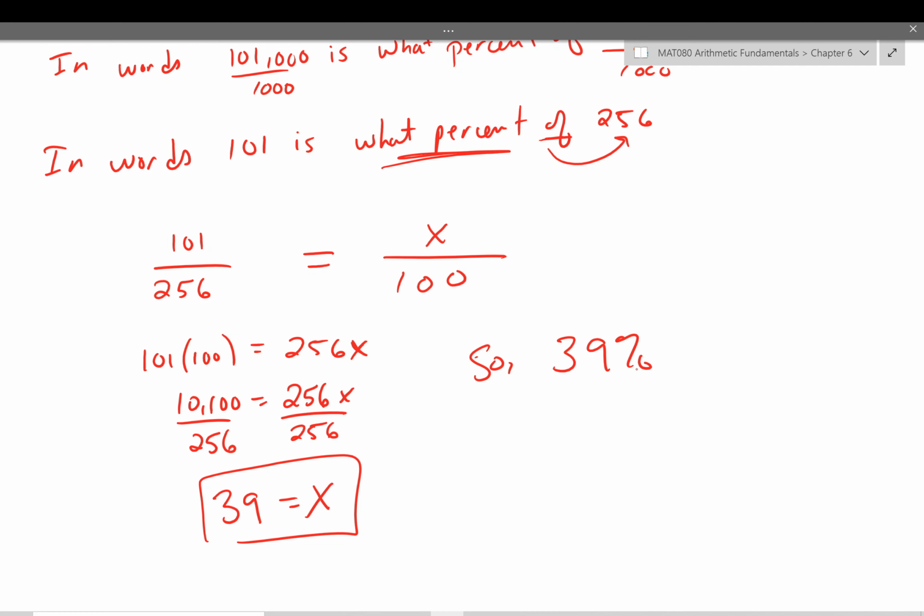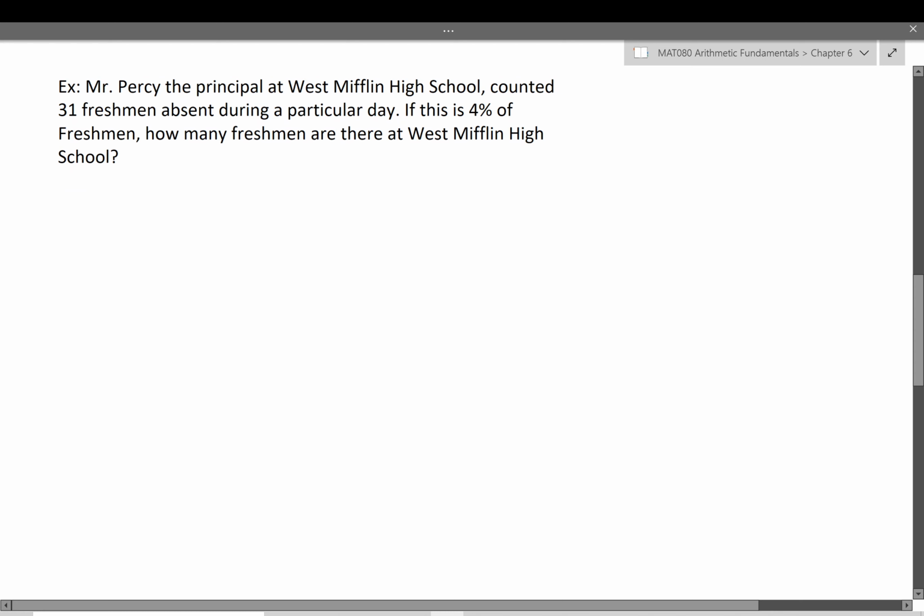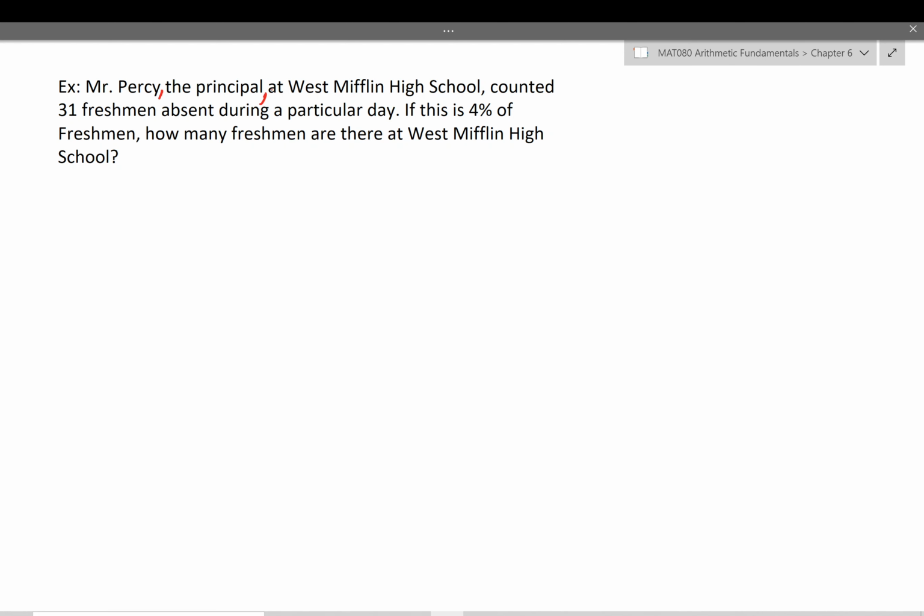You just have to be able to break down the problem into one statement, one sentence where we can set up our proportion. So let's try another example here. Mr. Percy, the principal at West Mifflin High School, counted 31 freshmen absent during a particular day. If this is 4% of freshmen, how many freshmen are there at West Mifflin High School?